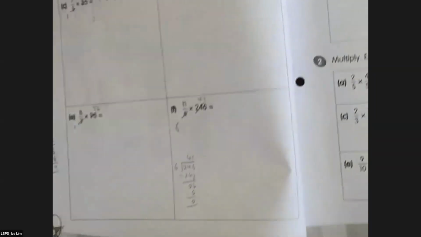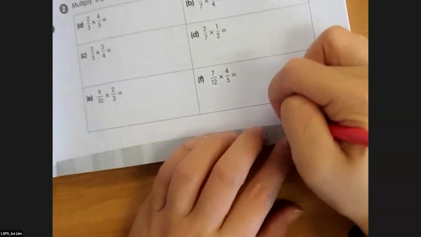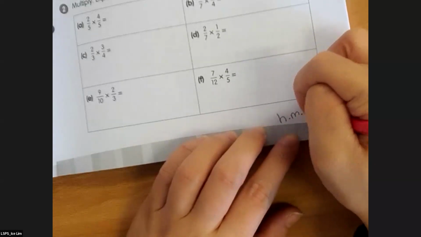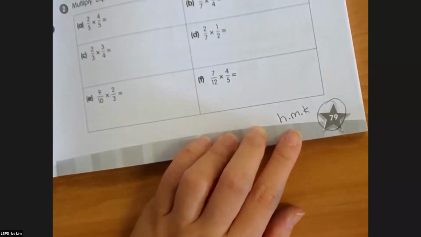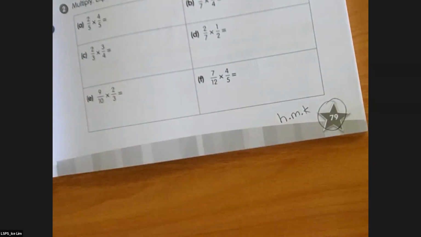I want to talk about your homework. Your homework is on page 79. Okay? Homework is page 79. I will go through this question here, straight to show the answer.